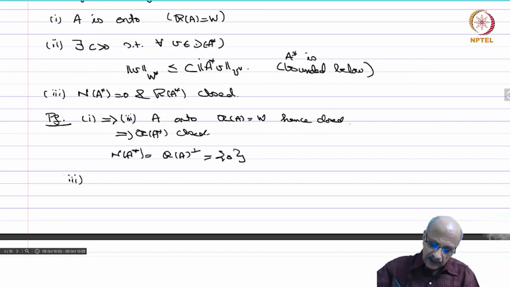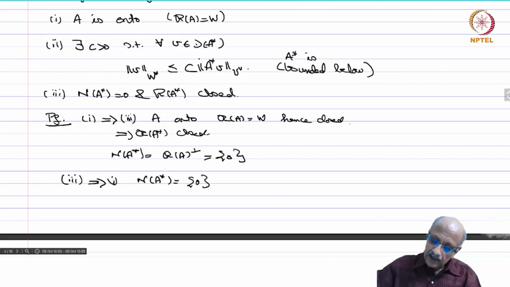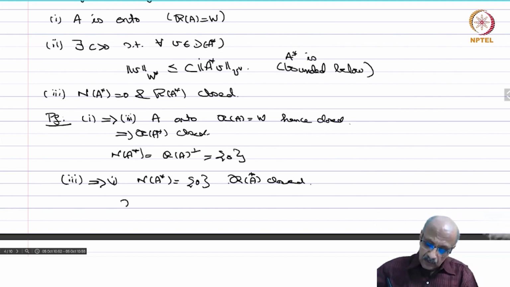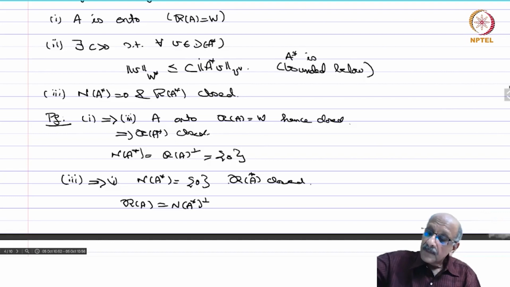So let's say 3 implies 1. That means N of A star is 0 and the range of A star is closed. So then you have the range of A equals N of A star perp by the previous theorem.